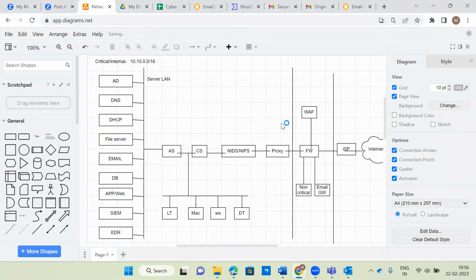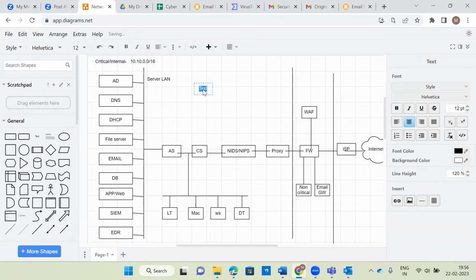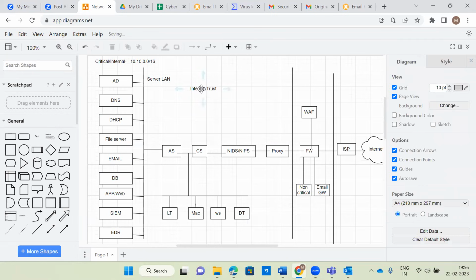Up to here, before the proxy, everything is like your house. Whenever we discuss any architecture diagram or any firewall topic, please remember your house. Consider this your internal house, called internal or trust.